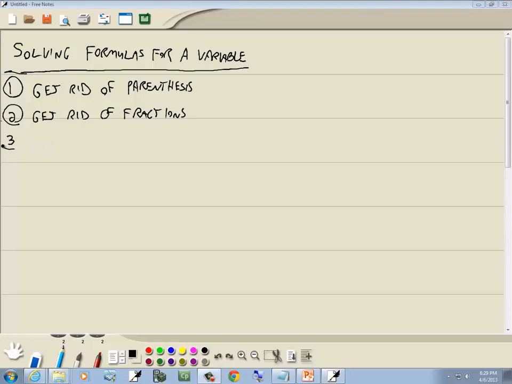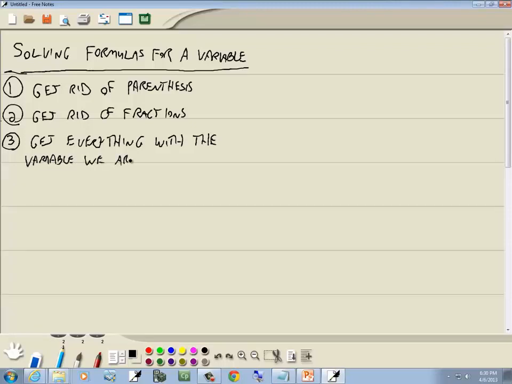Our third step is to get everything with the variable we're solving for on one side, everything else on the other side. So get everything with the variable we're solving for on one side, everything else on the other side.